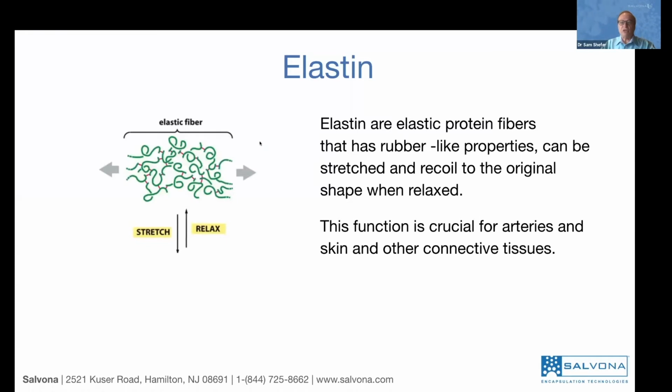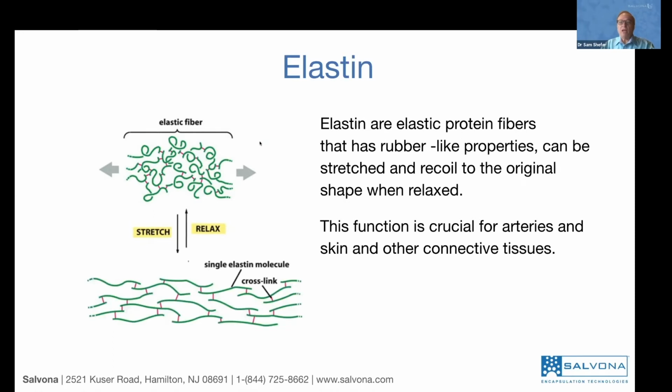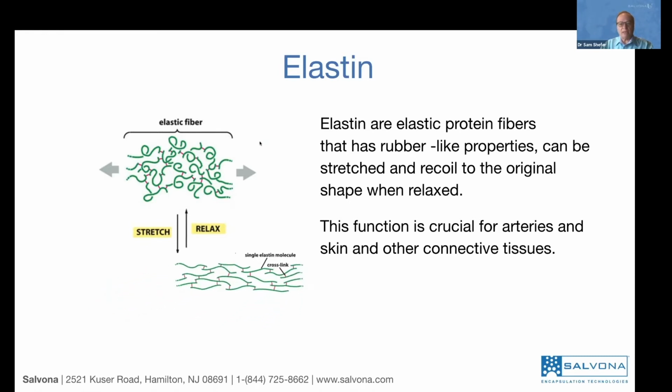So this is a visual effect of elastin. You see the fibers are loose, they are recoiled at this point. Now you can stretch it, so we can have a more pronounced view of the fibers. And this stretch can go back and forth as long as the skin is what we call younger looking.